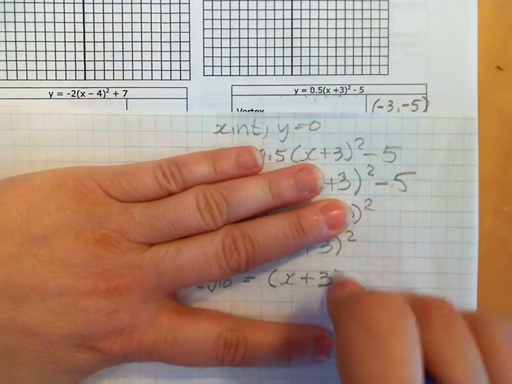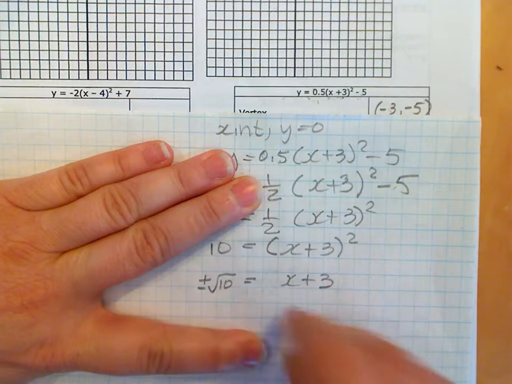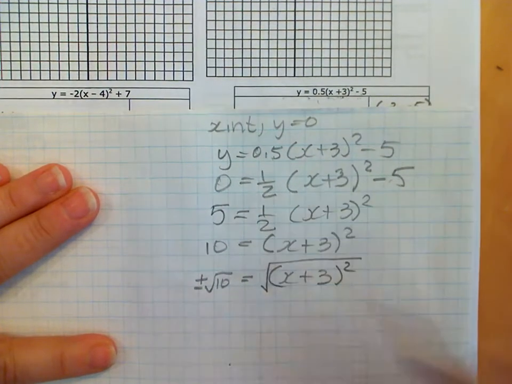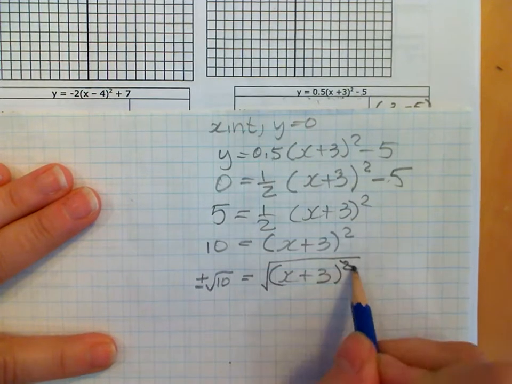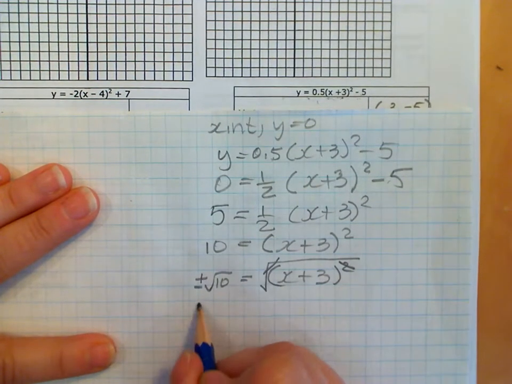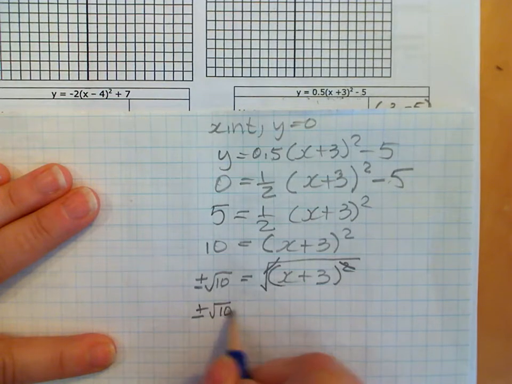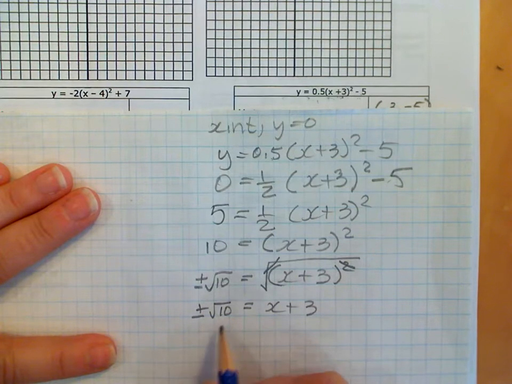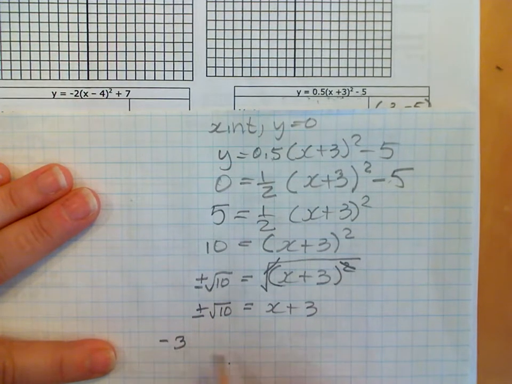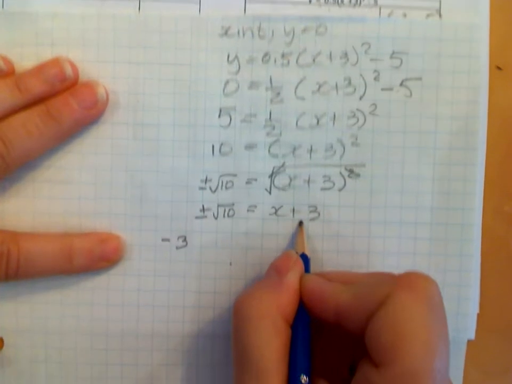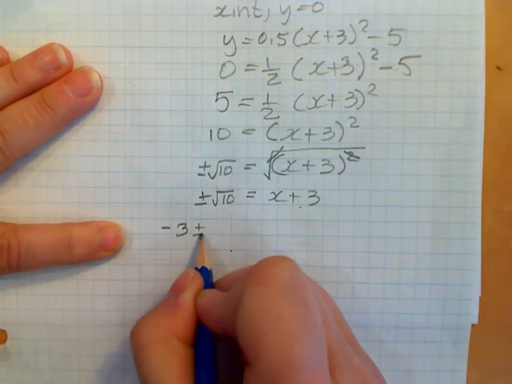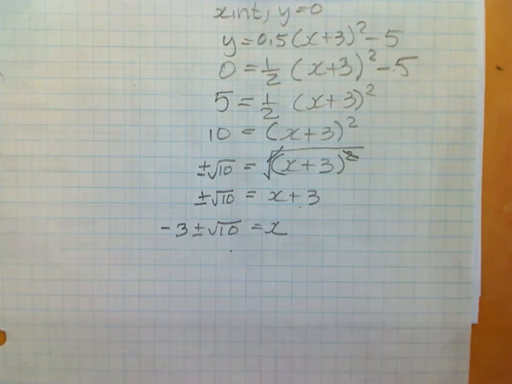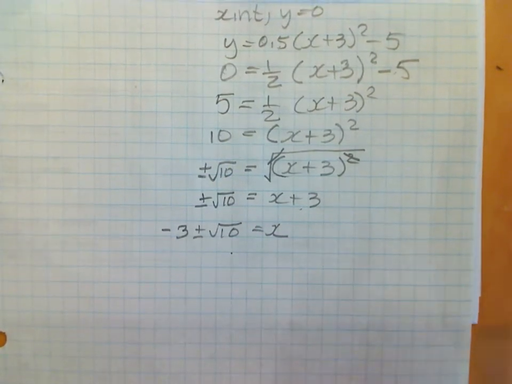Let me write it like this. I'm going to take the square root of both sides, and the square will cancel the square root, so we're left with plus or minus root 10 equals x + 3, and then when I bring 3 over, it's minus 3, because that's plus 3 here. So minus 3 plus or minus root 10 equals x. And then I put it into my calculator to tell me exactly what those two values are.